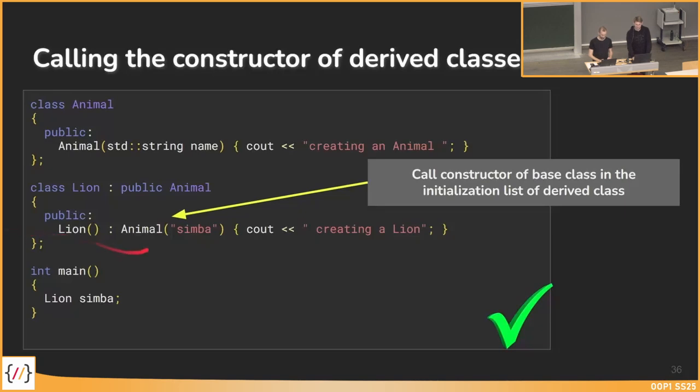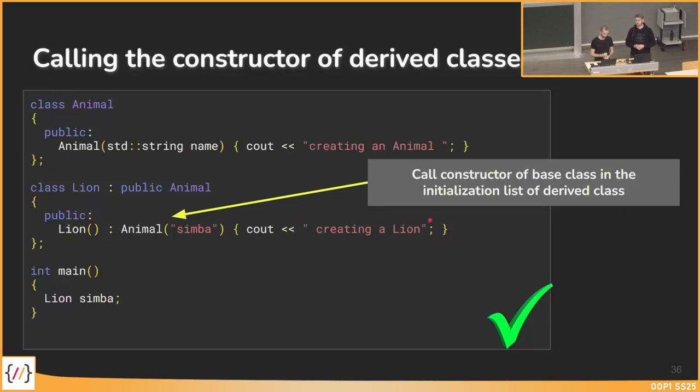Because when you use the initialization list, at this point, the lion is not created yet. So we can create the animal first, call this in the initialization list of the constructor, then the animal is created, and afterwards the lion is created and the body is executed.